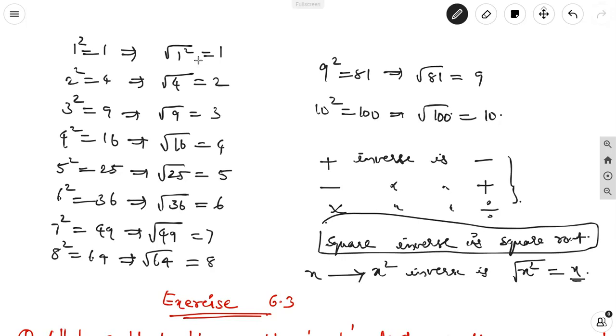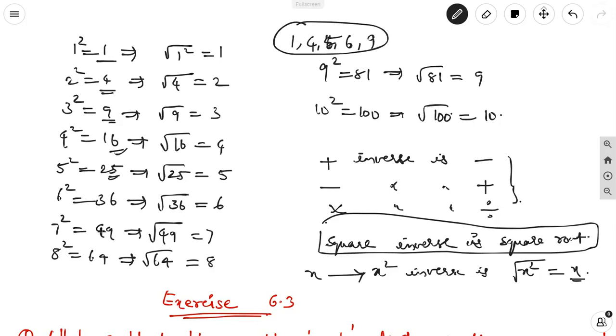From this, we can observe that in the ones place of squares, the digits are either 1, 4, 5, 6 or 9. If a number's ones digit belongs to 1, 4, 5, 6, 9, then it can be a square. So in the squares of numbers, the ones digit is either 1, 4, 5, 6, 9 only.